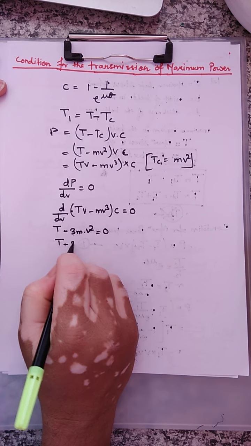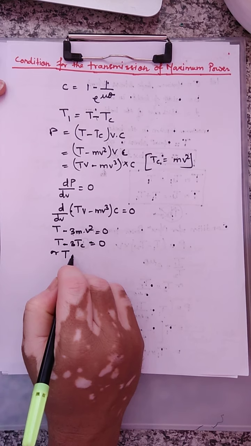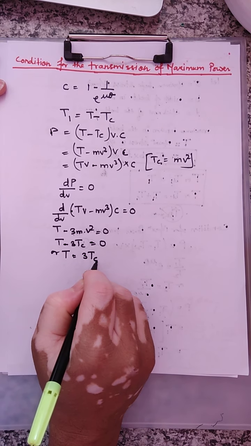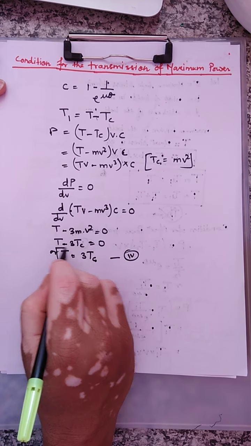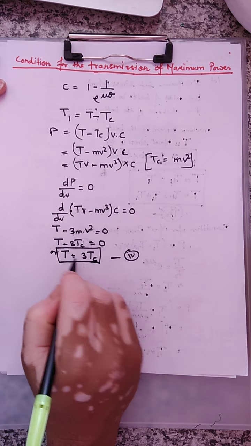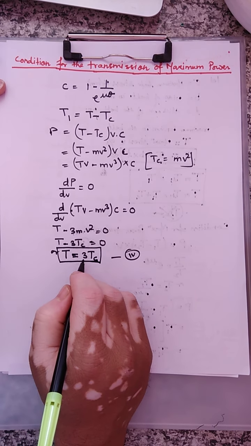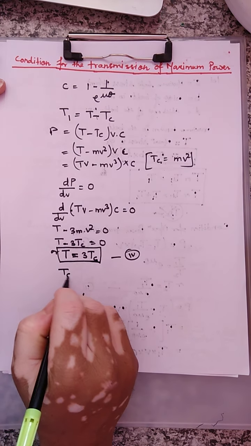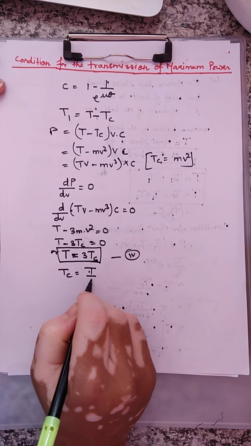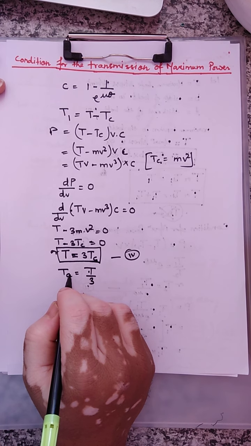Then T minus 3Tc is equal to 0, or T is equal to 3Tc. Very important expression we get, that is T is equal to 3Tc. That means maximum tension will be 3 times the centrifugal tension, or Tc will be T by 3.